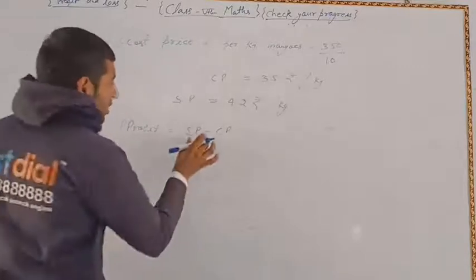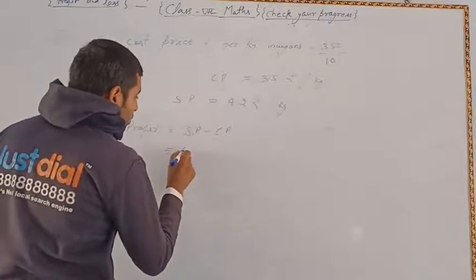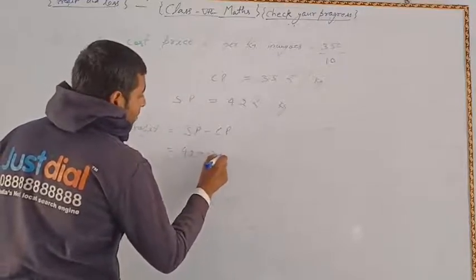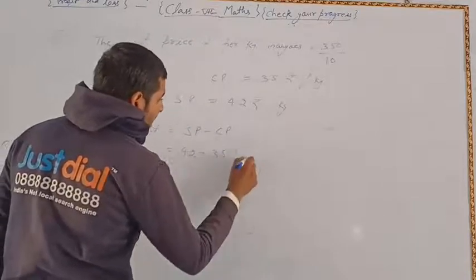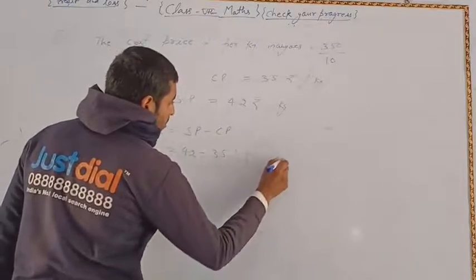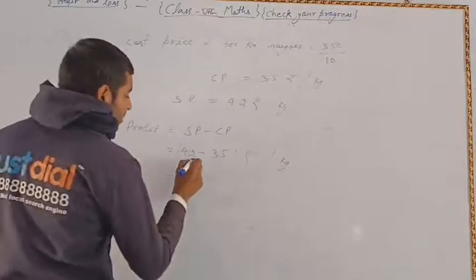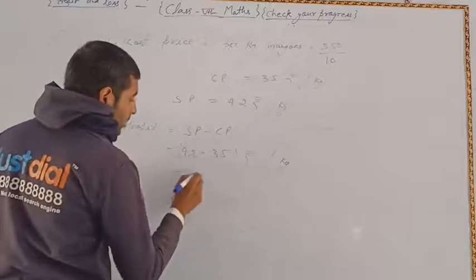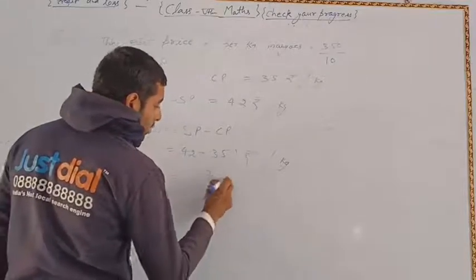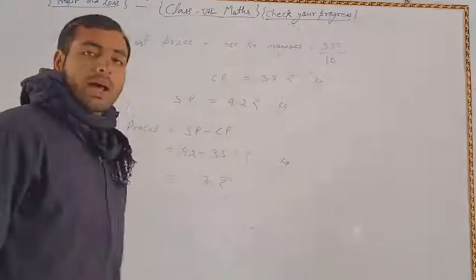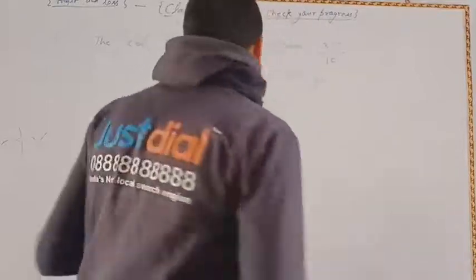So here profit is equal to 42 minus 35 rupees per kilogram. So 12 minus 5 is equal to 7, and 3 minus 3 is equal to 0, so the profit is 7 rupees. This is your answer.